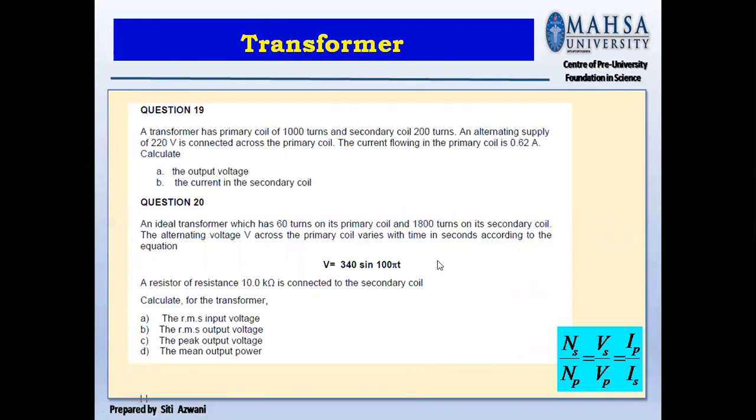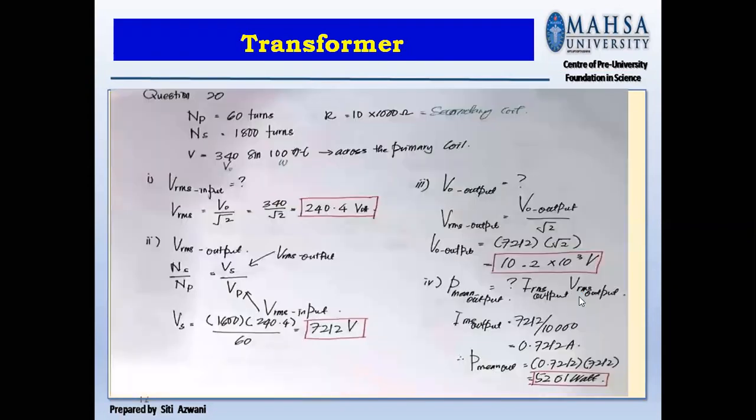Again, you need to apply the formula of the transformer. Question 20: NP is 60 turns, and NS is 1800 turns. From the formula, V naught is equal to 340 volt across the primary coil.